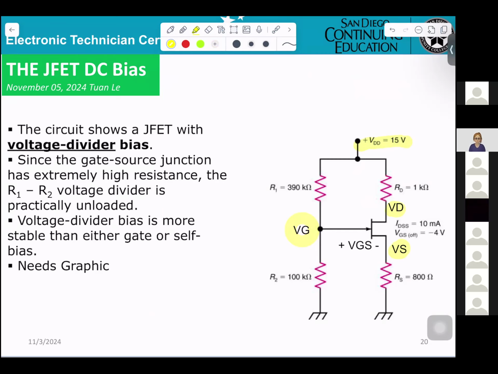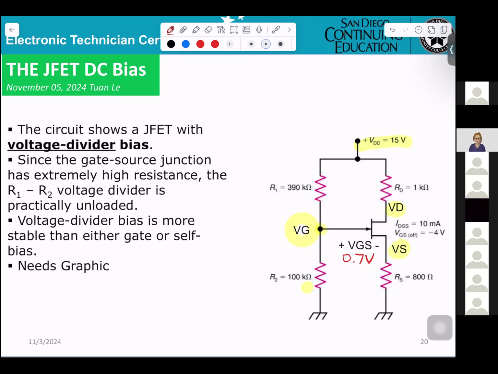You take VDD times R2, divide by R1 plus R2. Okay? And from the gate to the source, you get a diode, plus and minus 0.7 volt. Okay?